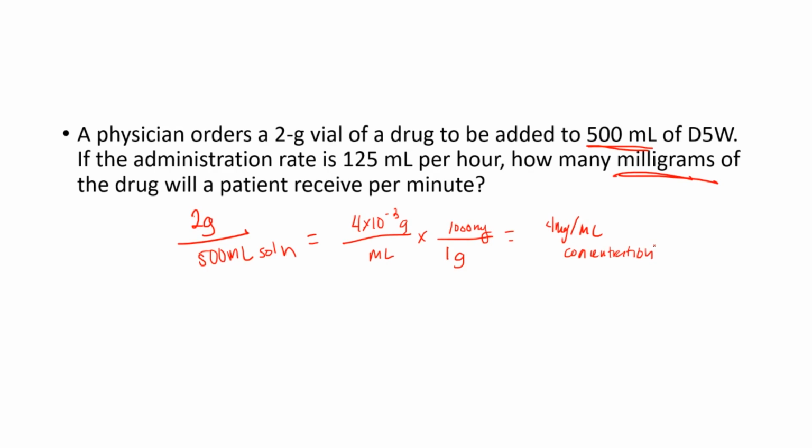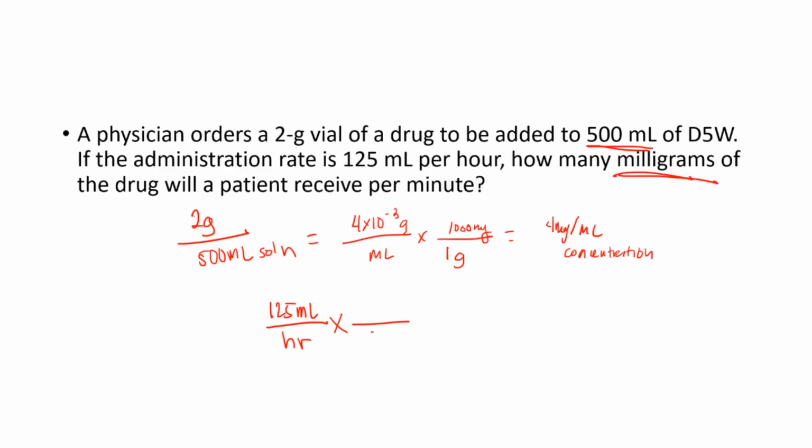Now, if the administration rate is 125 ml per hour, how much of the drug will the patient receive per minute? So para makuha yung milligrams per minute, kailangan nyo lang i-convert itong value na ito. So 125 milliliters, i-multiply nyo sa ating concentration.